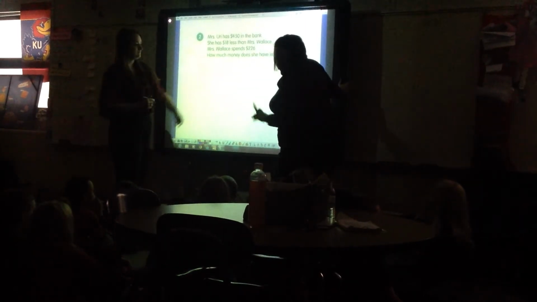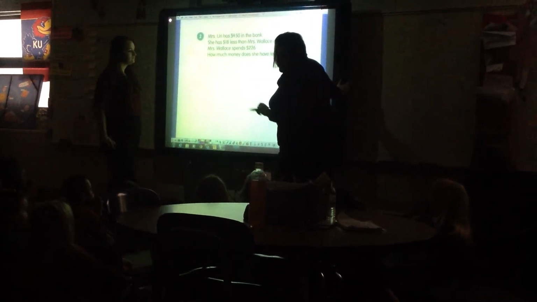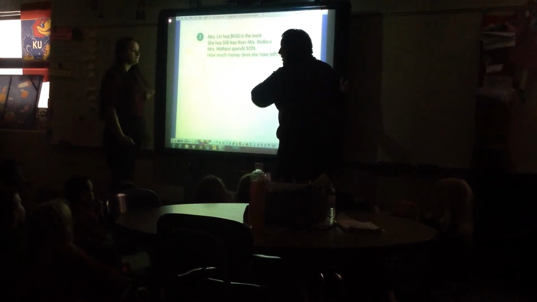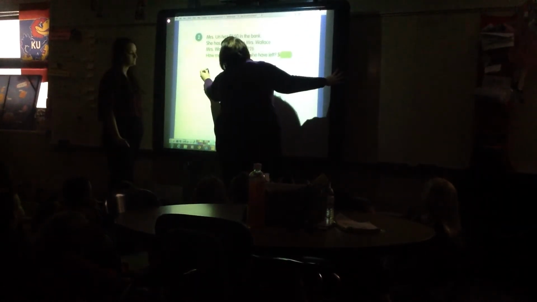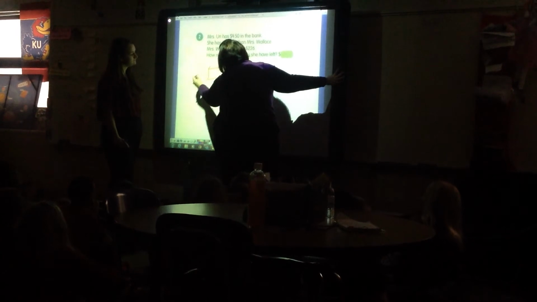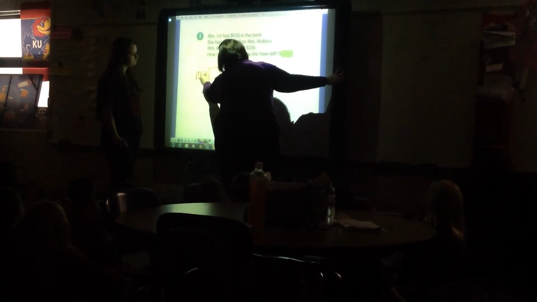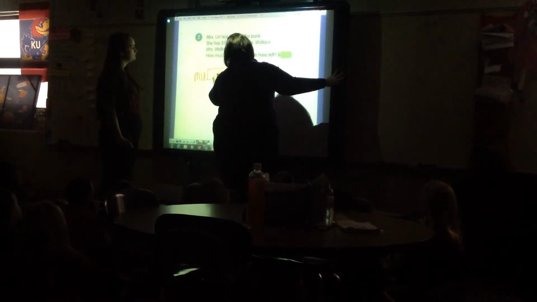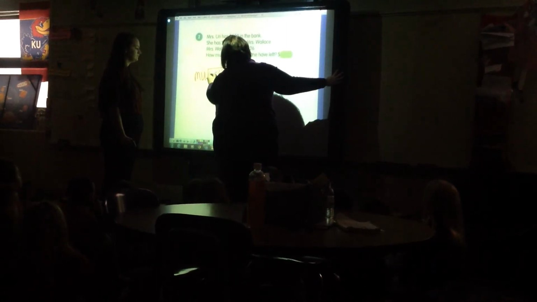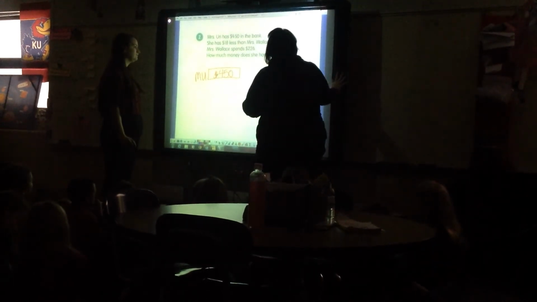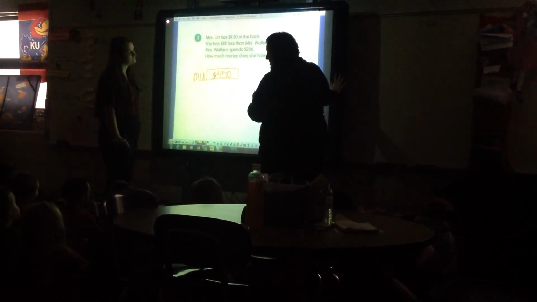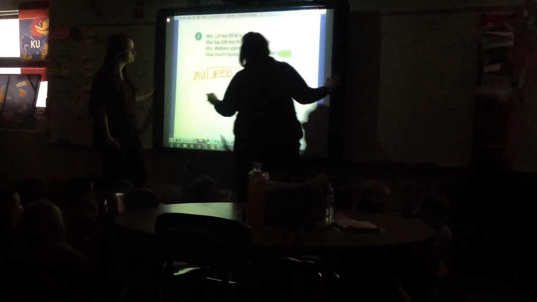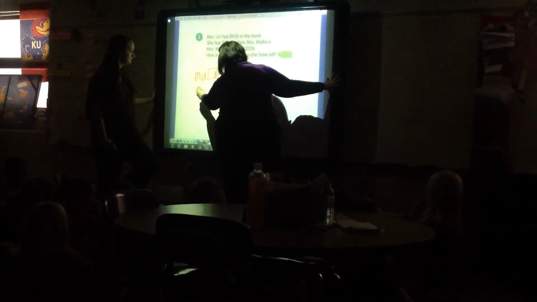How about if I make a bar model? Thank you, Autumn. Okay, here is Mrs. Yuri, and she has $450 in the bank. She has $18 less than Mrs. Wallace. So here's going to be Mrs. Wallace.